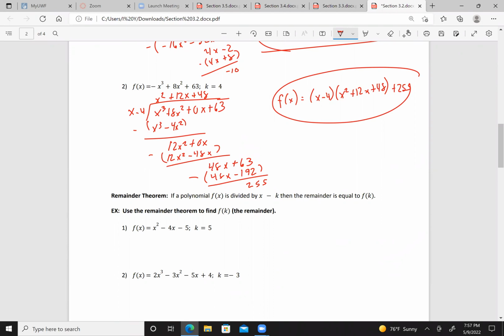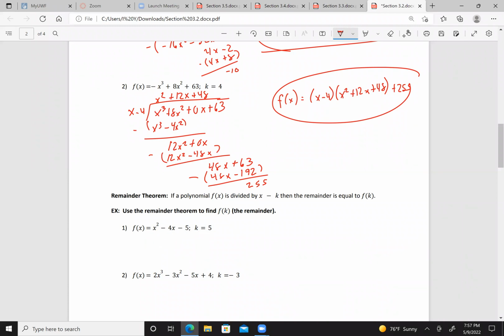If a polynomial f of x is divided by x minus k, then the remainder is equal to f of k. So let's see what happens. So k is 5, so we're dividing by x minus 5. Let's leave us some room.